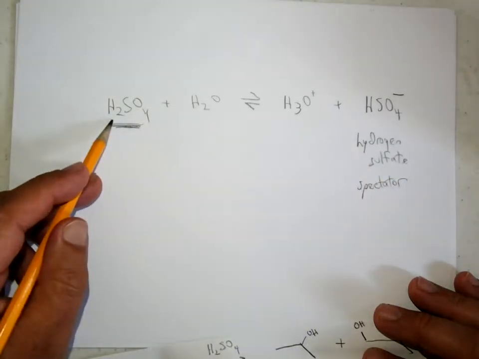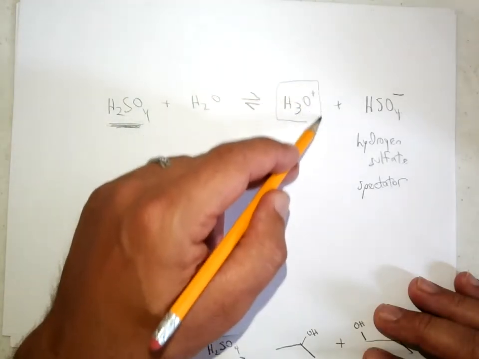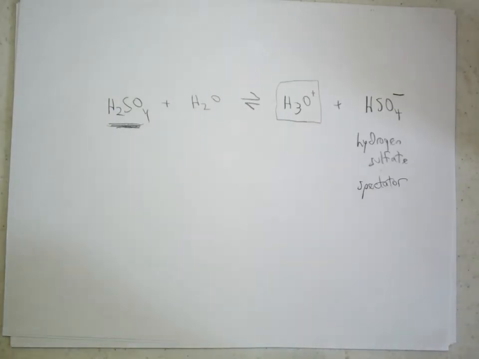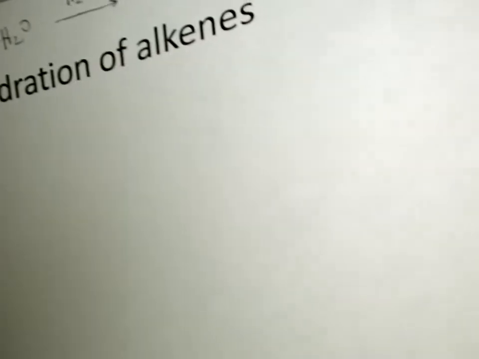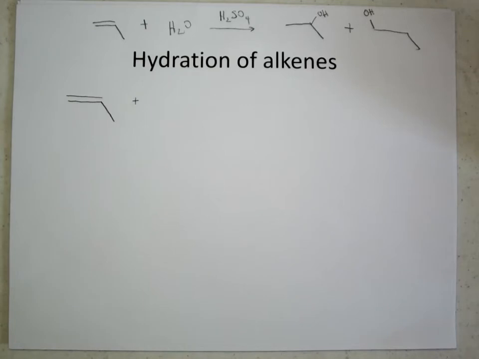So when you throw sulfuric acid into water, you get the potent H3O+, strong acid, and a spectator counterion. So that makes sulfuric acid a good thing for being an inert electrolyte or a strong acid that won't do anything else to the reactants. So it's often the catalyst of choice for this type of reaction.